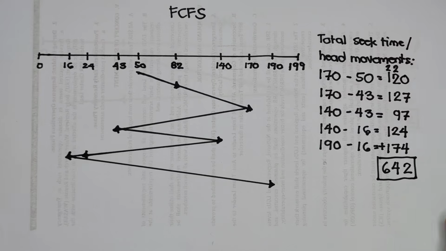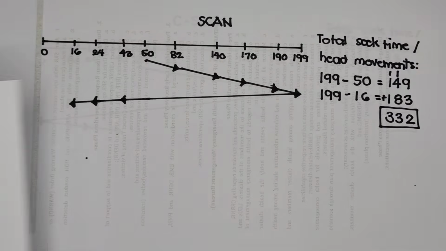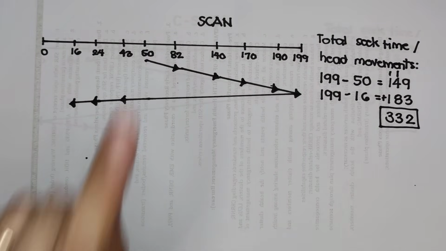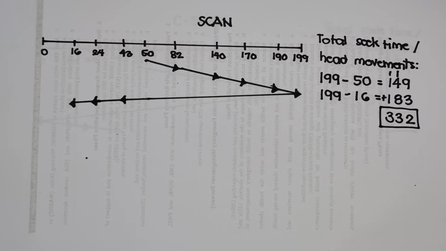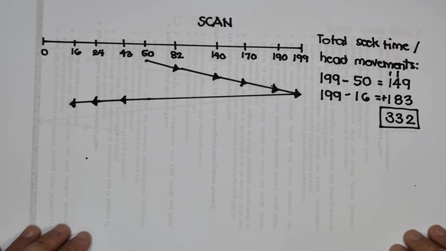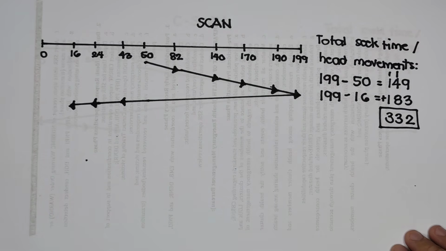serviced for its requests. And then we have the scan, which is from the current position, and then depending on the problem, you have to identify where the direction of the disk movement will go. Will it be to the higher value or to the smaller value? So with regards to the problem, you have to read between the lines.